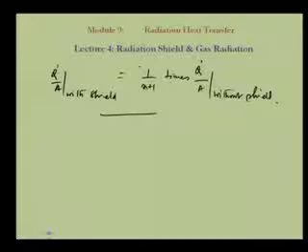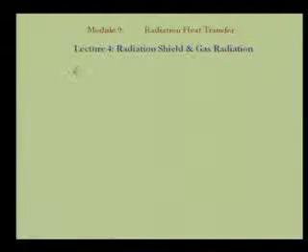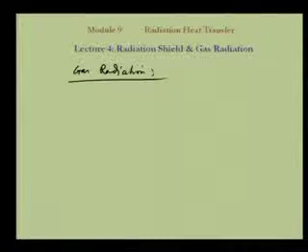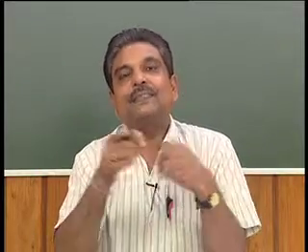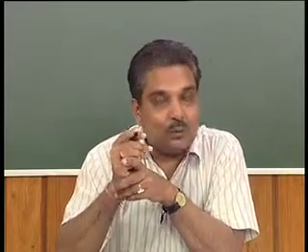Now, the next part we are going to discuss is gas radiation. We have discussed so far radiative heat exchange between different plates, different surfaces. But between the surfaces there is a certain gas, a certain environment, such as air or some other gases. What is their role in radiative heat transport?